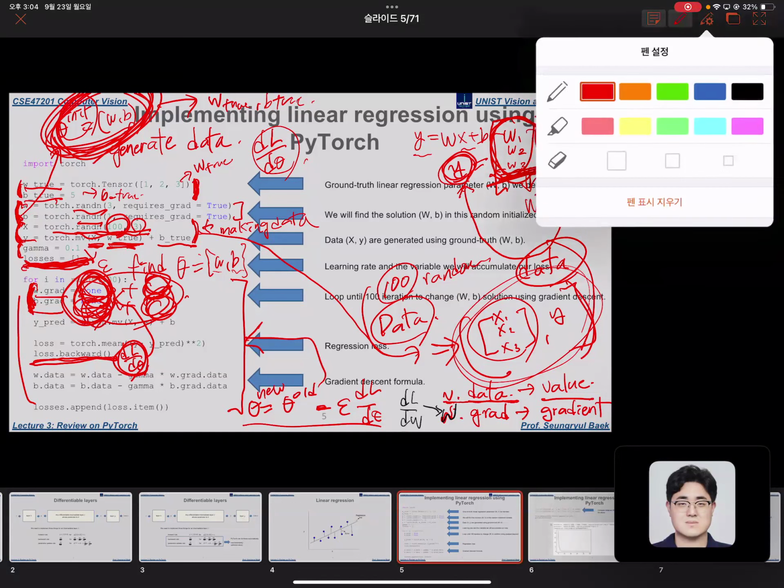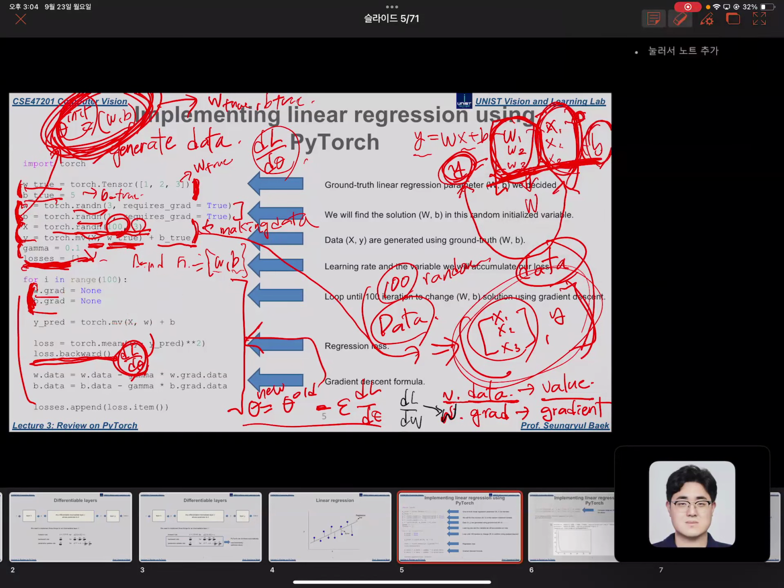Okay. So you have to first initialize it. And the next thing you have to do is calculate one forward pass.